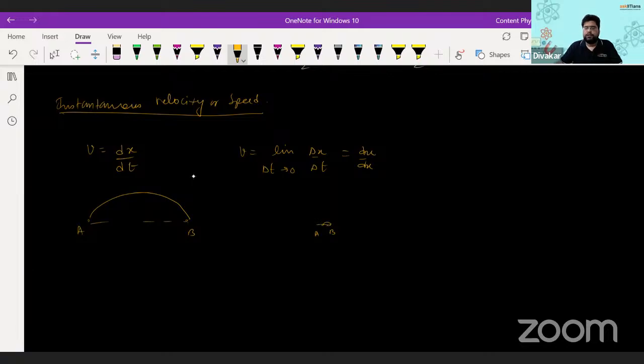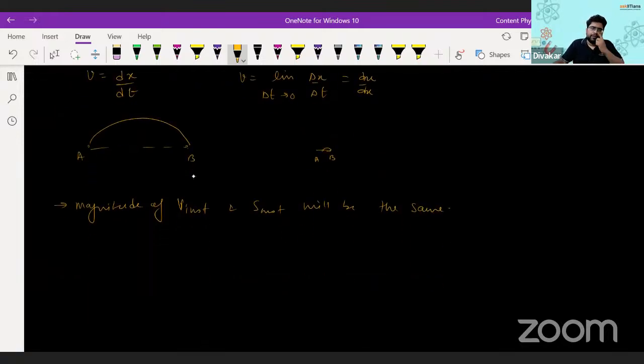Then you won't be able to distinguish between the curve and the straight line. So that is why the magnitude of instantaneous velocity and instantaneous speed will be the same.